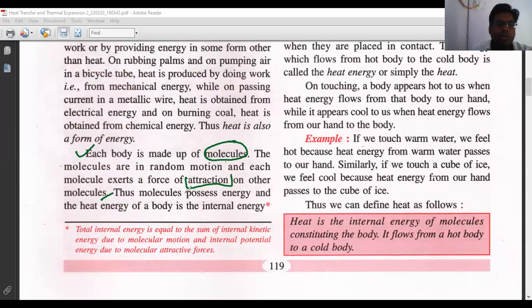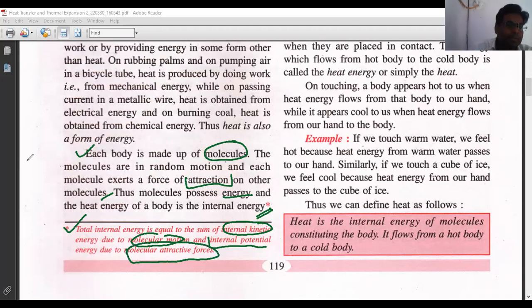These molecules possess energy, and the heat energy of a body is its internal energy, right? So look here, total internal energy is equal to the sum of the internal kinetic energy due to molecular motion and the molecular potential energy due to molecular attractive force, right?